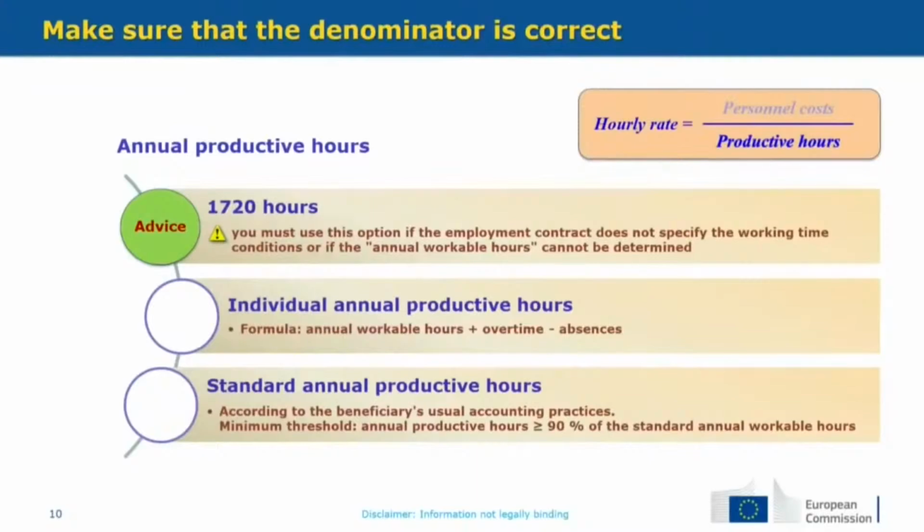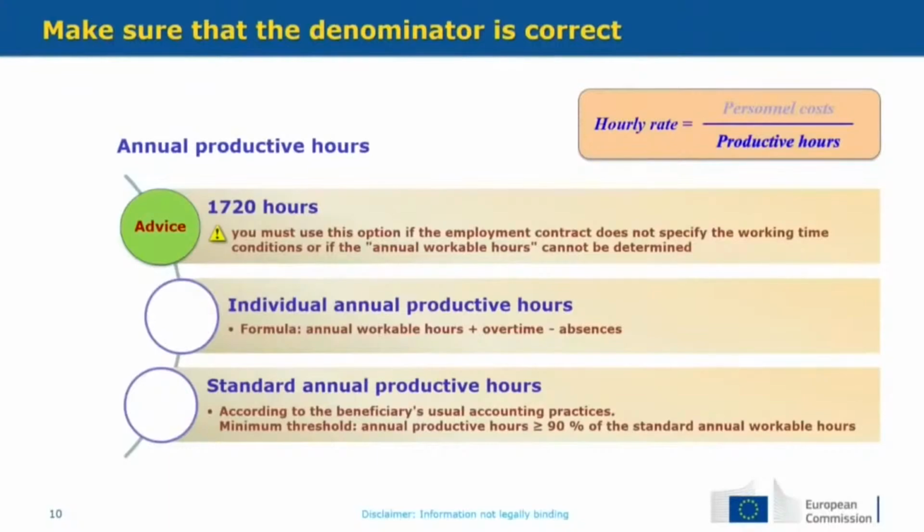Now, you can use the other options if the employment contract does not specify the working time or conditions, or if the annual workable hours cannot be determined. So you may have some specificities here. If you have those specificities, you may use also this option in addition.